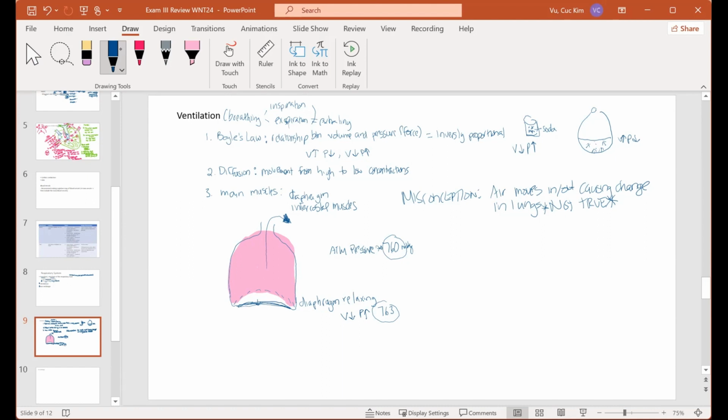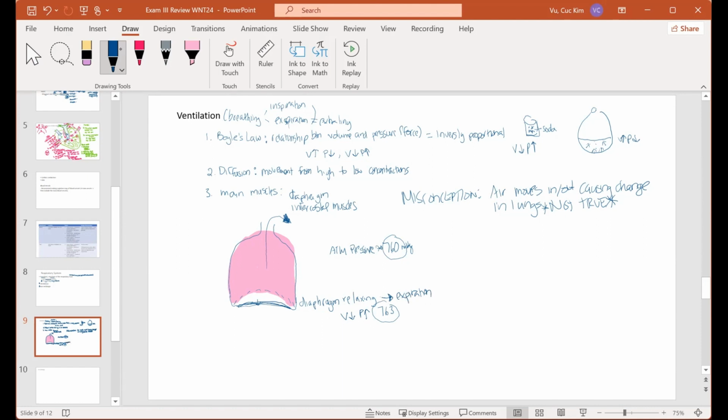So when the diaphragm relaxes, it pushes up a little bit because it gets longer, right? And so when the diaphragm relaxes, that always leads to a process called expiration, when you're exhaling.